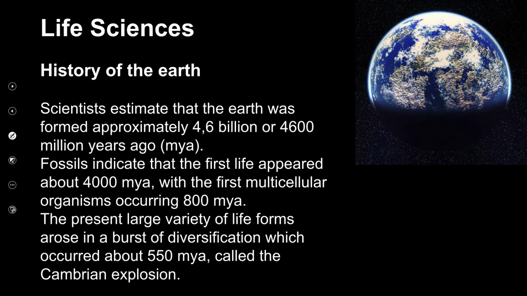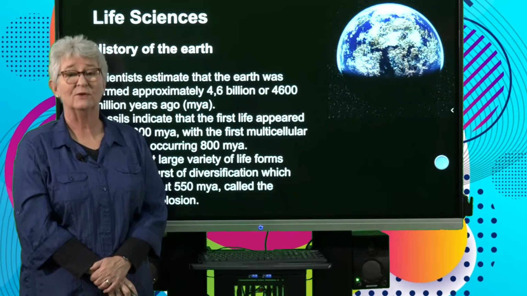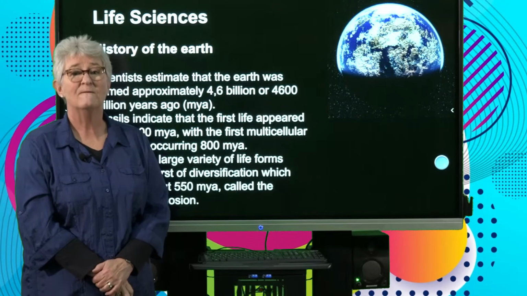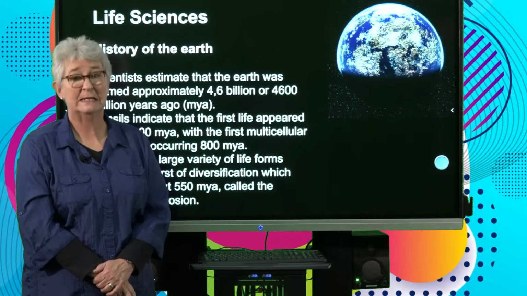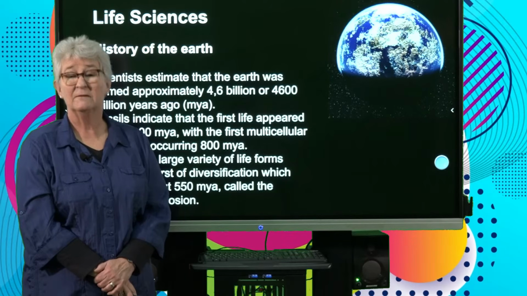Now, what time frame are we talking about? Scientists have estimated that the Earth was formed 4.6 billion years ago. That's 4.6 thousand million years. The figures are quite mind-boggling.